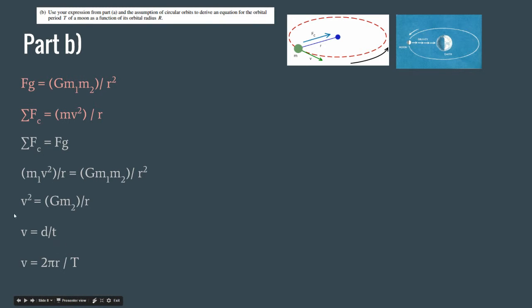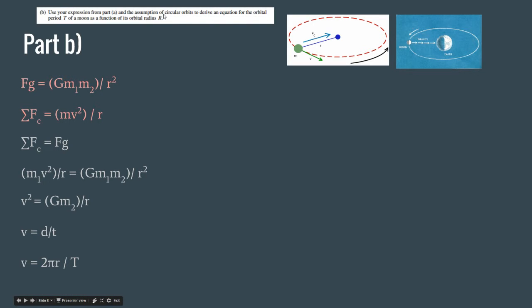Now, what we have to think about in this problem to get the period involved is that velocity of the moon is equal to distance over time. Velocity for any object moving is distance over time. So in this case, the distance that the moon is going to travel in a certain period of time will be 2 pi r, because that is the circumference of the circular orbit that the problem tells us to assume.